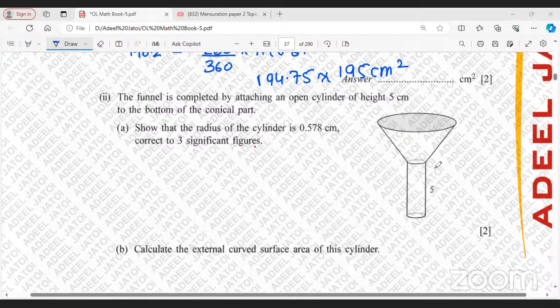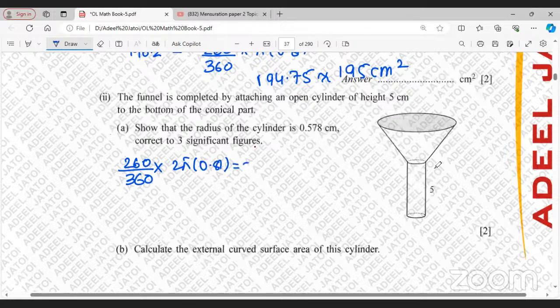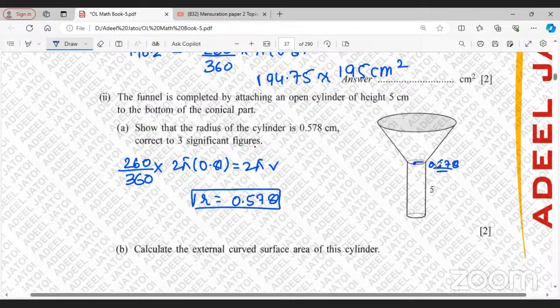So we already knew that this was 260 upon 360 into 2 pi 0.8, and this should equal 2 pi r. So r will be 0.578 for the cylinder.